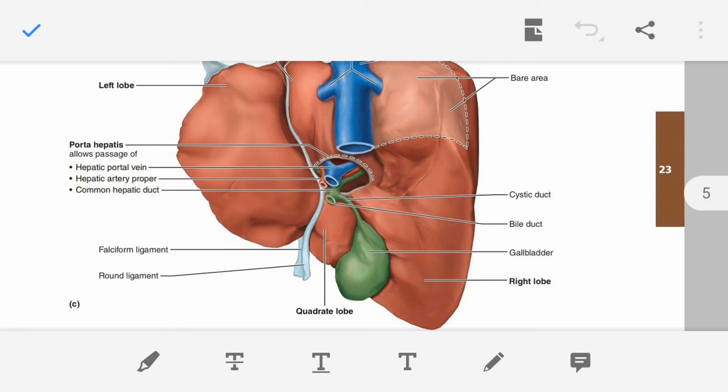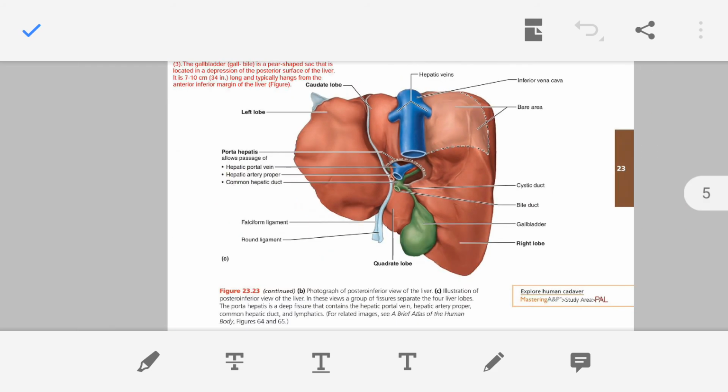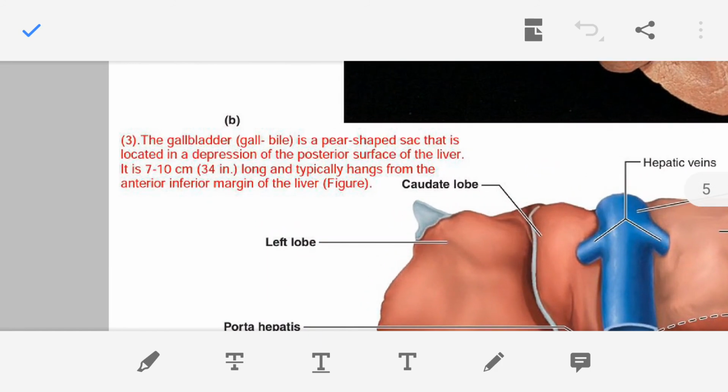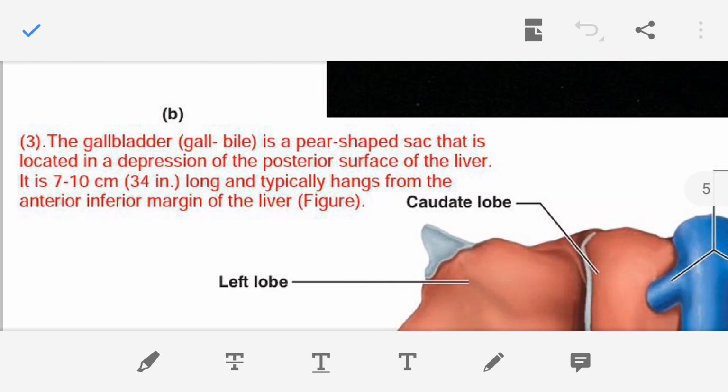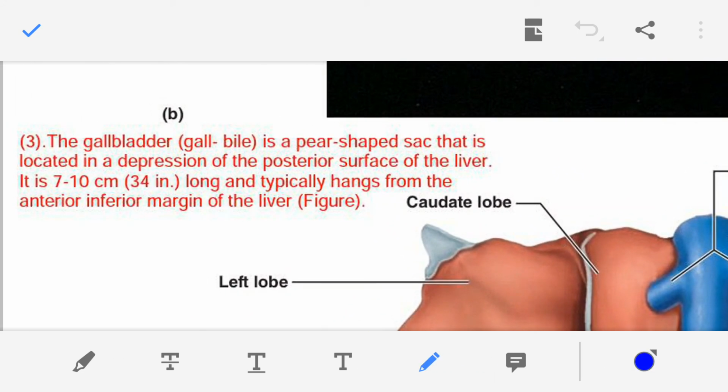So the gallbladder is hanging from the anterior inferior margin of the liver. So the third point is regarding the gallbladder, the shape of the gallbladder, the length of the gallbladder, and where it is situated.